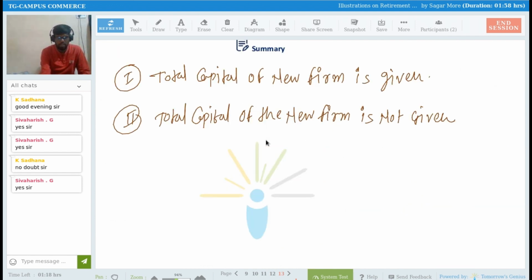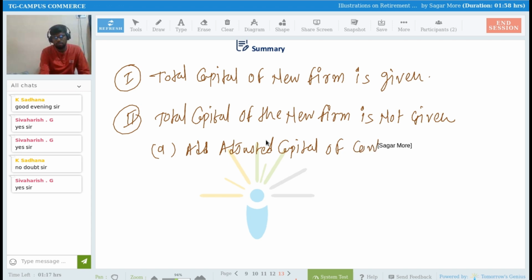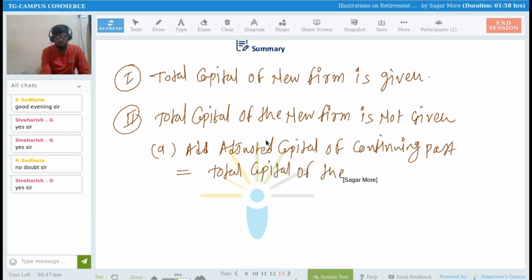So if total capital of the new firm is not given, we have to add the adjusted capital of continuing partners, and that addition of adjusted capital of continuing partners becomes the total capital of the firm, right?